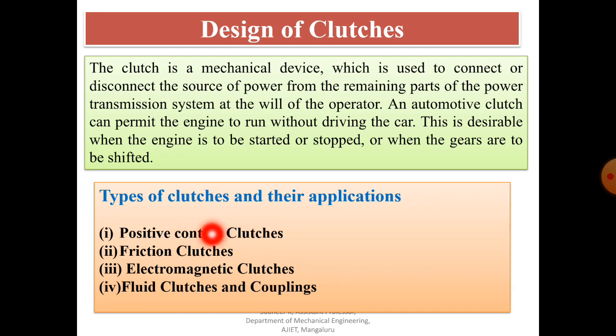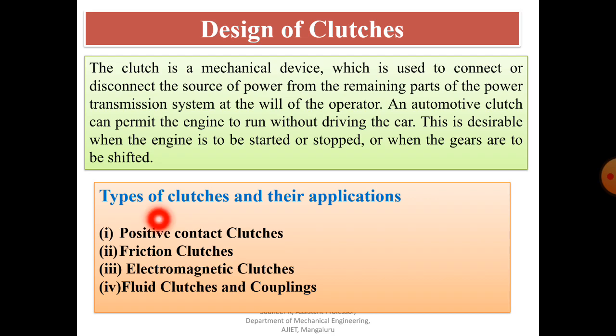The main advantage of this type of clutch is positive engagement, and once coupled they can transmit large torque without slip. In a positive clutch there will always be a jaw that connects the shafts to each other.